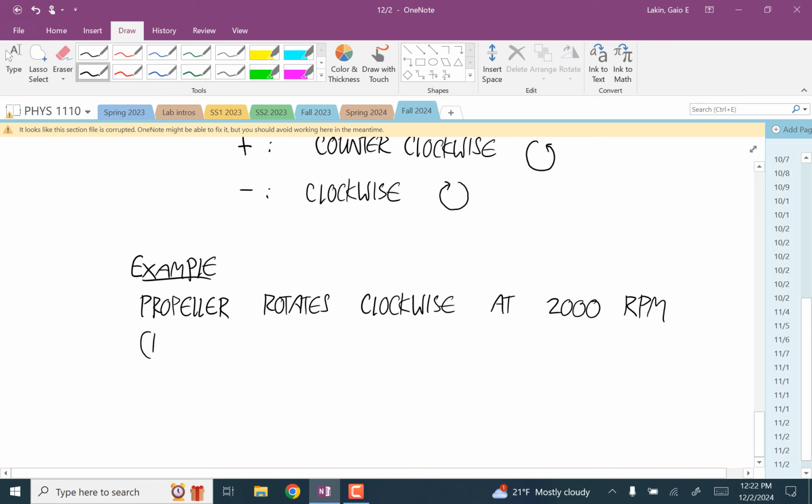RPM stands for rotations per minute. What's the angular velocity in radians per second?